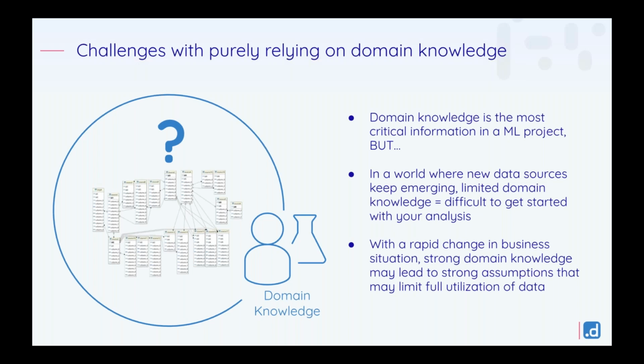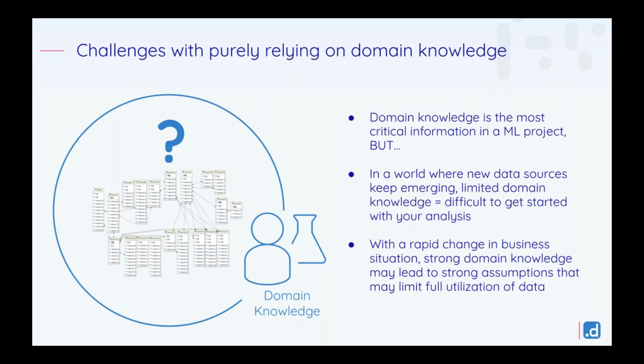We all know that domain knowledge is the most critical piece of information on any given machine learning project. Asking the right business question is the most important thing for us to consider. However, in the world we live in today, new data sources keep emerging, and there's a lot of data that we probably don't have enough knowledge about.